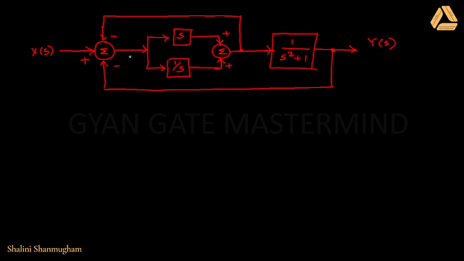So here if you see the blocks, this one and this one are in parallel, so we can just replace this with a block of s plus 1 by s, because these two blocks are in parallel connection.